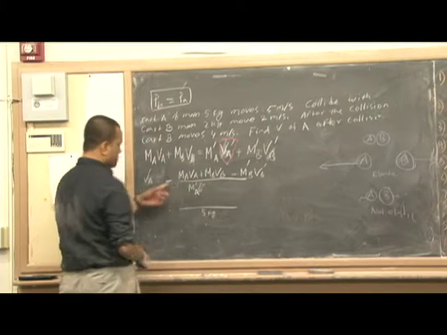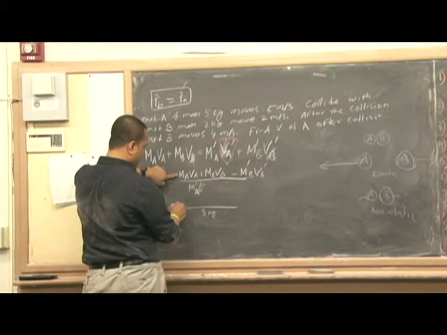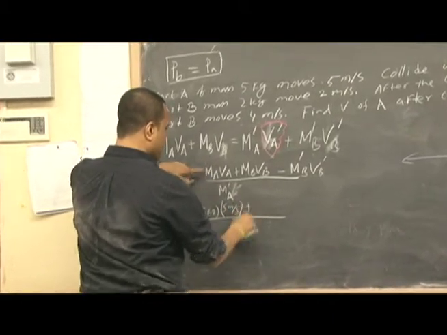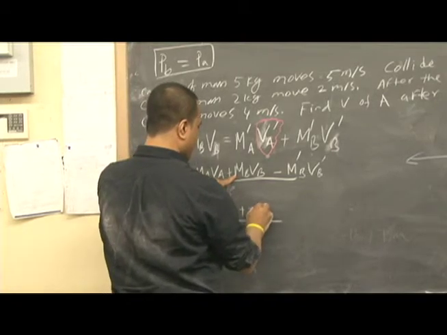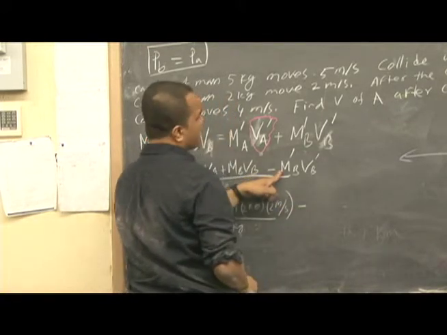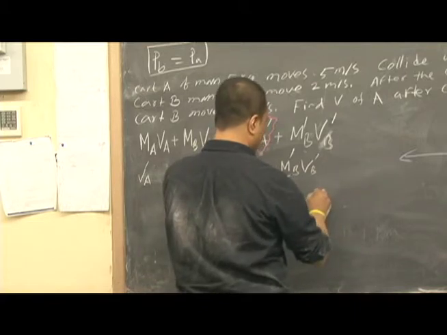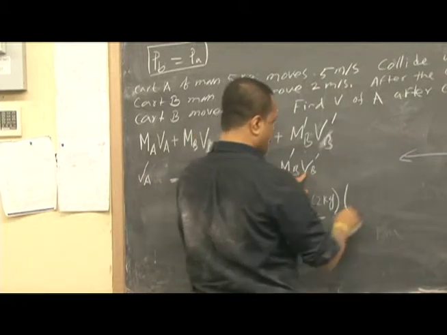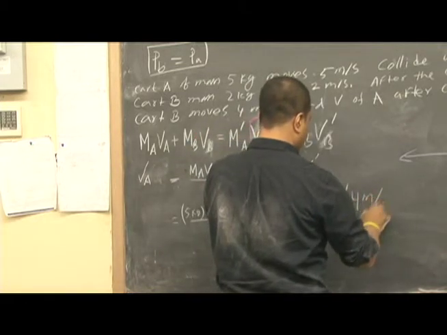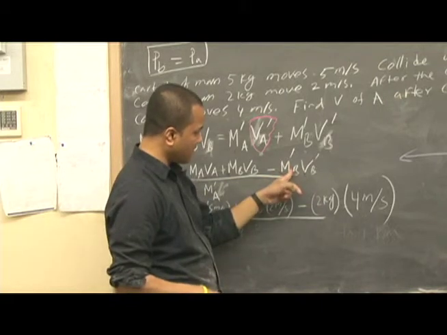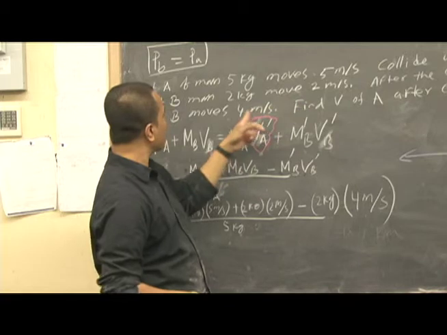Mass of A is 5 kg all the time, and velocity is 5 meters per second, plus mass of B is 2 kg and 2 meters per second, minus, what is the mass of B after collision? Same, 2 kg, but the velocity of B after the collision is 4 meters per second.